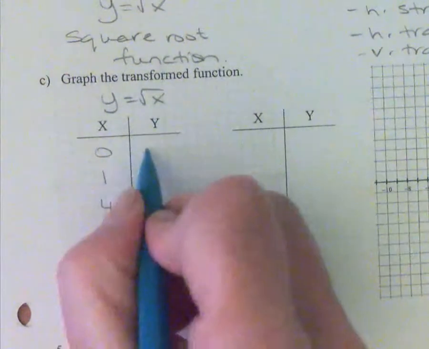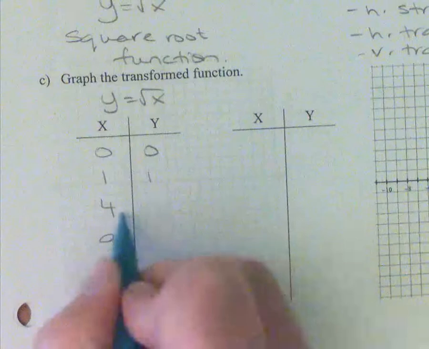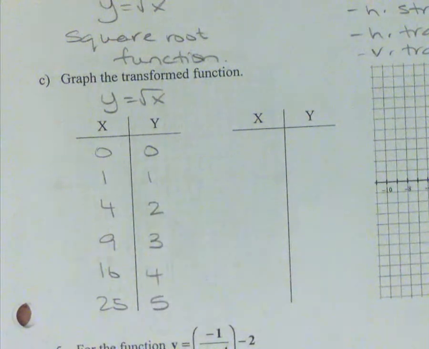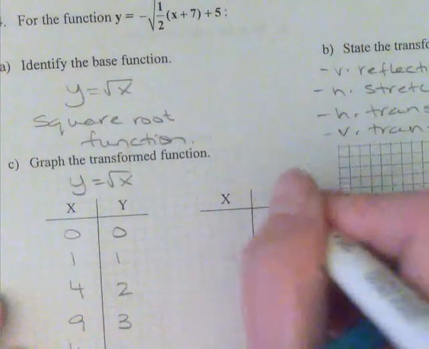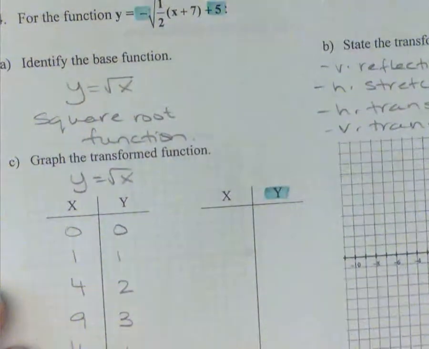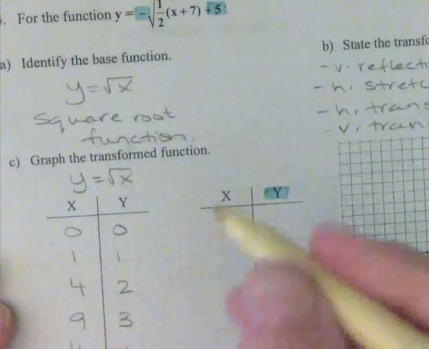So the square root of 0 is 0, square root of 1 is 1. This will be 2, 3, 4, and 5. And if I need more values, I can do 36, which will give me 6. So y is affected by anything on the outside, and x is for anything on the inside.